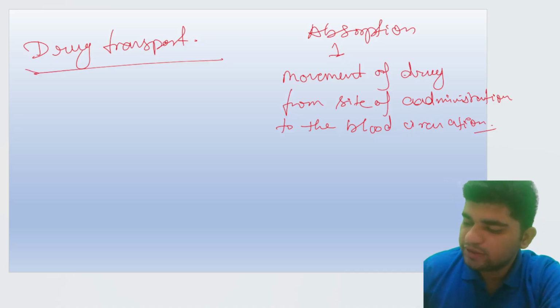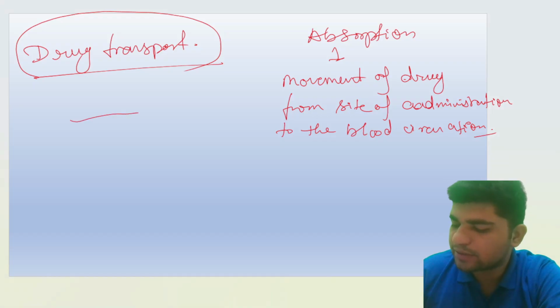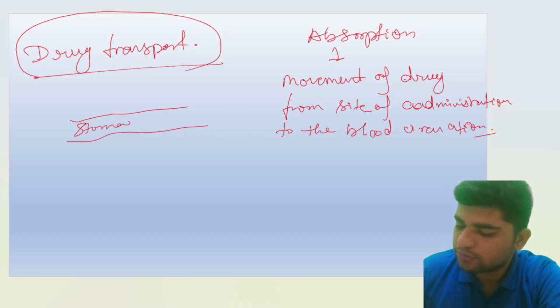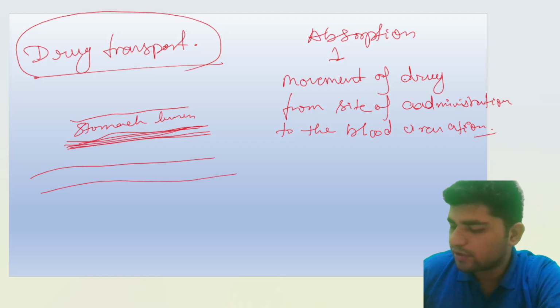So there is drug transport, because whenever you move a drug from the site of administration into the blood circulation, there will be some barriers. For example, this is the stomach lumen. After that there will be various cell membranes, and after that you will have your blood circulation.